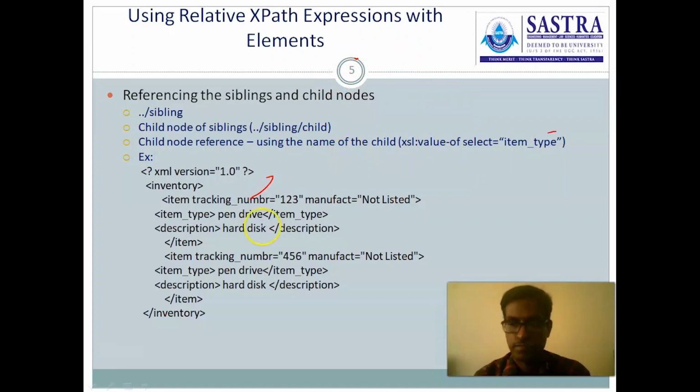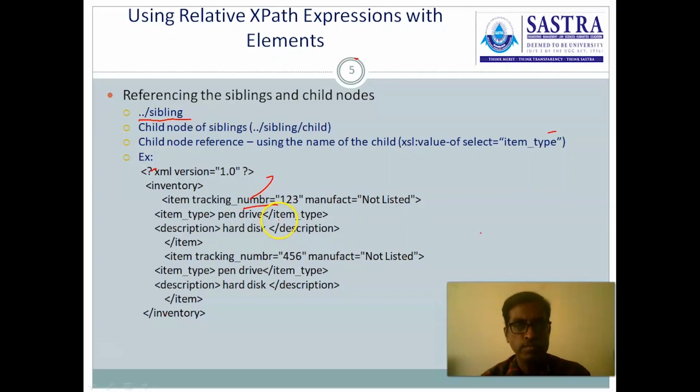See here, double dot and then siblings. Directly we are able to give the sibling's name. According to our convention, see here, tracking number is available. Tracking number, as usual, inventory is available at the base level.